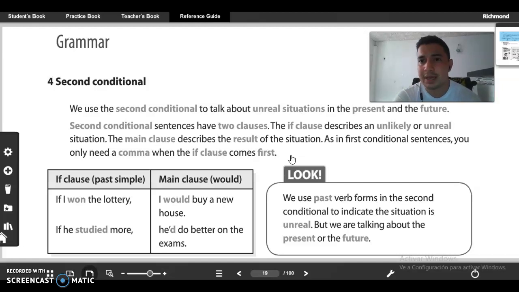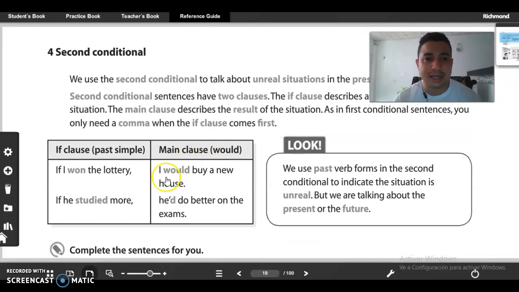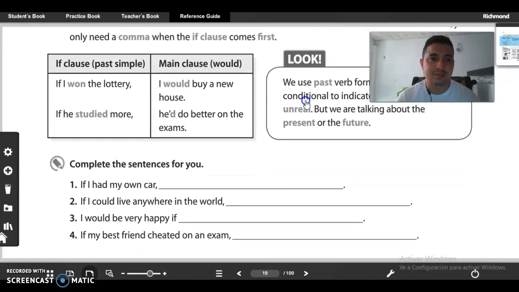But if you have to make a question, you may say did, the subject, and then the verb. Don't forget that the verb in negative and interrogative goes in its normal form. Okay, it does not change. And then the main clause, guys, goes with would. Okay, I consider it is very easy.